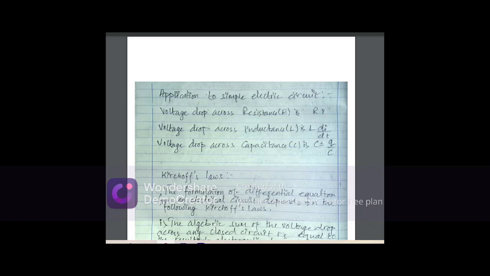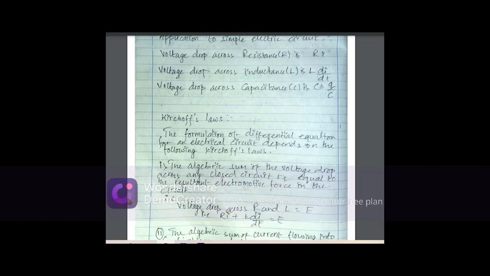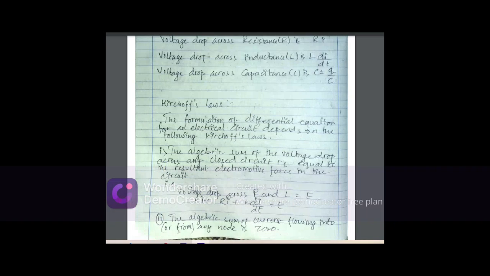Number one is that the algebraic sum of the voltage drops across any closed circuit is equal to the resultant electromotive force in the circuit, that is, the voltage drop across resistance R and inductance L is equal to E, as mentioned in rule number 1, that is Ri + L di/dt = E. As we have already discussed in the above applications of electrical circuits, the voltage drop across R and L is given.